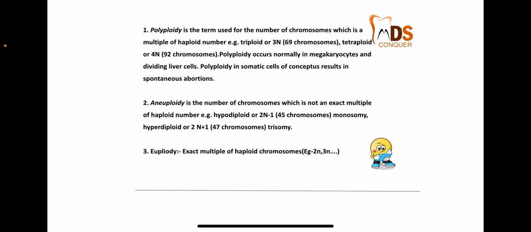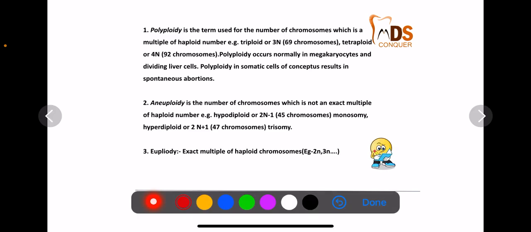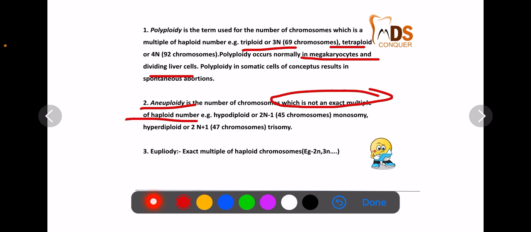So next, polyploidy, aneuploidy and euploidy, what exactly are they? The definitions are given here. Polyploidy is triploid or tetraploid. It occurs in megakaryocytes and dividing liver cells. Aneuploidy is a number of chromosomes which is not an exact multiple of the haploid number, so 2n minus 1 or 2n plus 1.